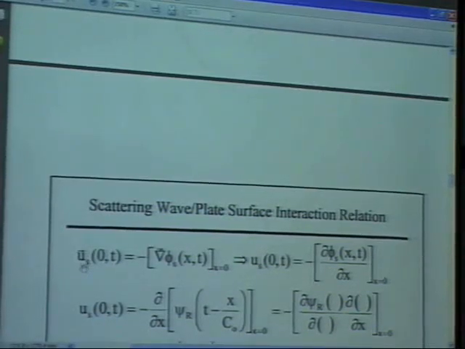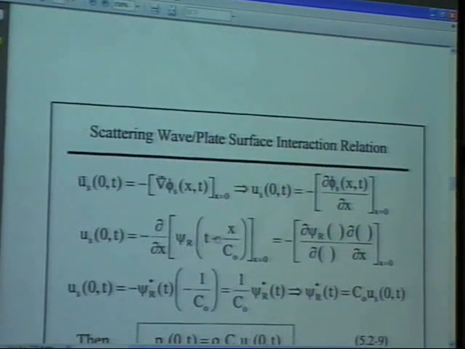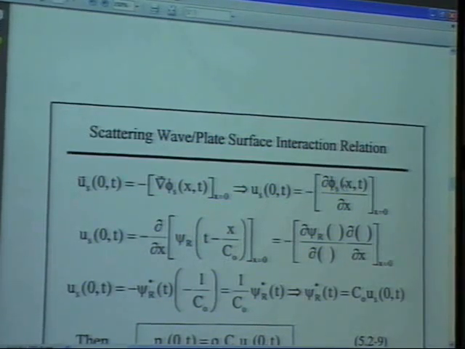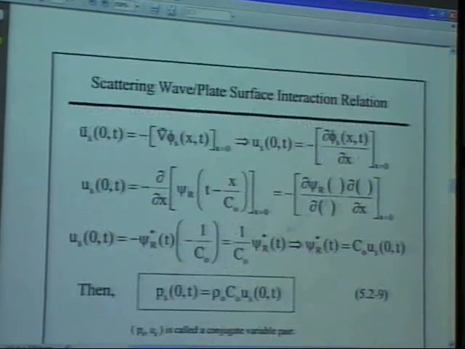Then, by going back to definition 1, this is what you know. Then u s, just plug into the definition of psi s and do the calculation. Then you will have this relationship. We know psi s from the previous page.